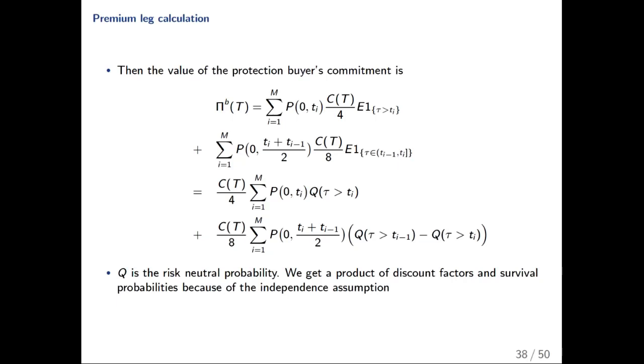Because of this assumption, how much am I going to owe? I'm going to owe 1/4 the quarterly coupon payment times a half, because now I just owe half of it. Where is that going to be discounted back to? Well, the discount rate is going to be between 0 and the midpoint of the interval. So under the midpoint assumption rule, this will be the buyer's leg, the expected value of the payments I make.